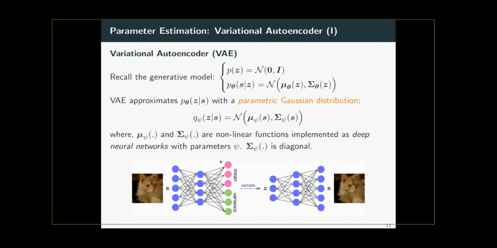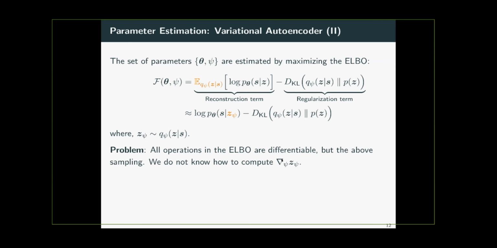You sample from the posterior distribution, you obtain this Z, and then you replace this in the term inside. The problem with that is that we want to train this with stochastic gradient descent. And okay, all the operations in the evidence lower bound that you can see above here are differentiable except for the sampling. Okay, so if Z is sampled directly from Q psi, we don't know how to compute the gradient with respect to psi of the sample.